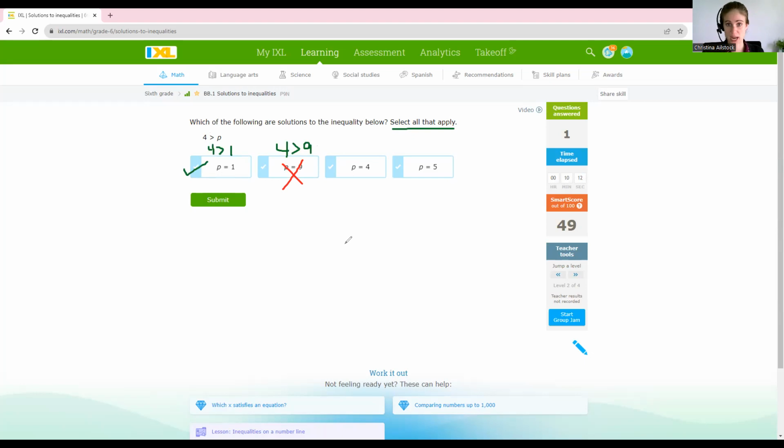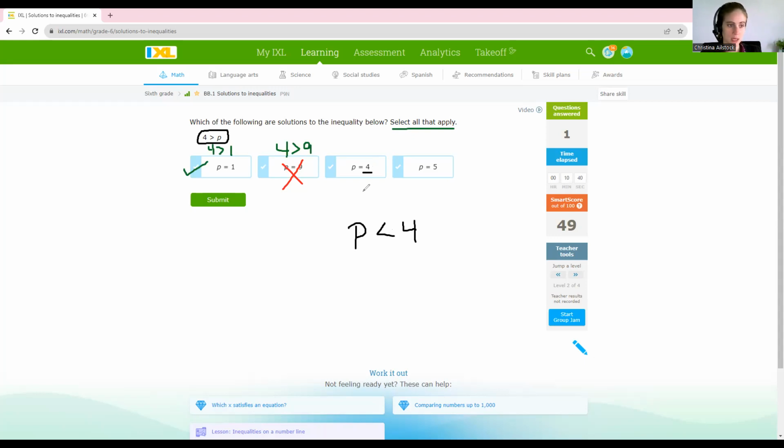Let's say you didn't want to write things out. You were trying to do it all in your head, or you had another problem and you were trying to solve. We can take our inequality here and flip it around so that it's a little bit easier to look at. So if we flip it around, we have to flip the whole thing. So the P and the 4 flip, but so does your inequality sign, because it needs to continue to be opening towards that 4, eating the 4. So now we have P is less than 4.